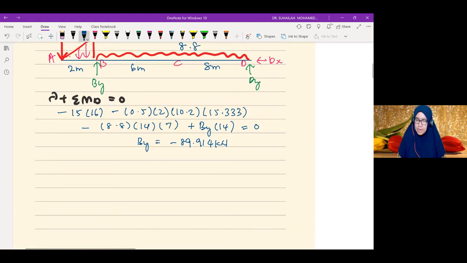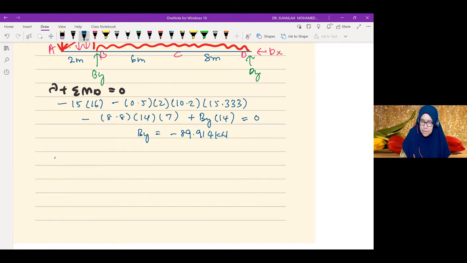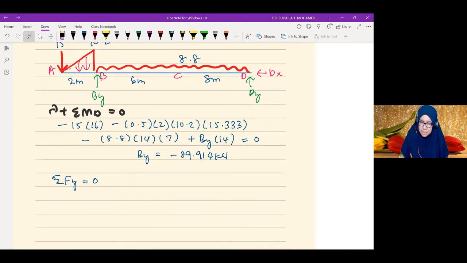Total Fy equal to 0. So we get negative 15 minus the area 0.5 times 2 times 10.2, minus 8.8 times 14.